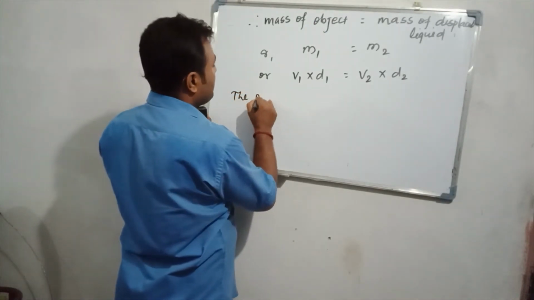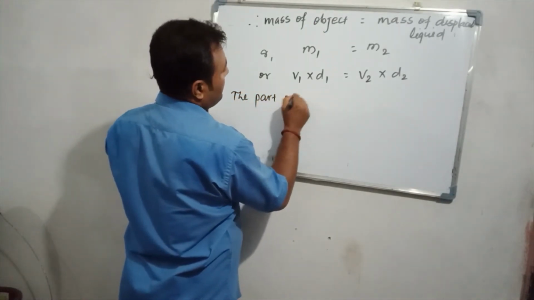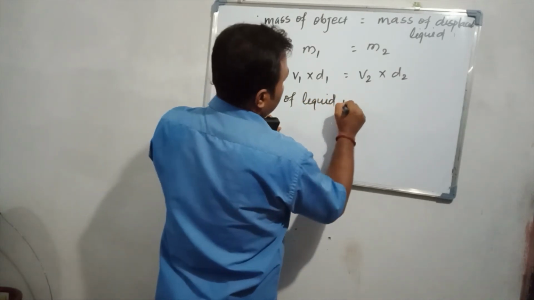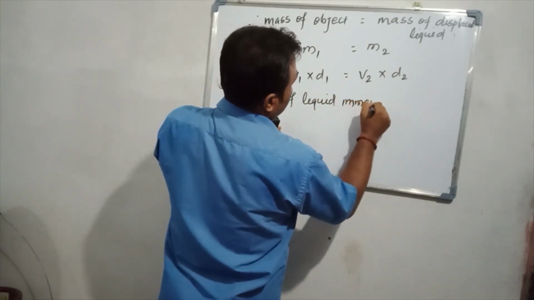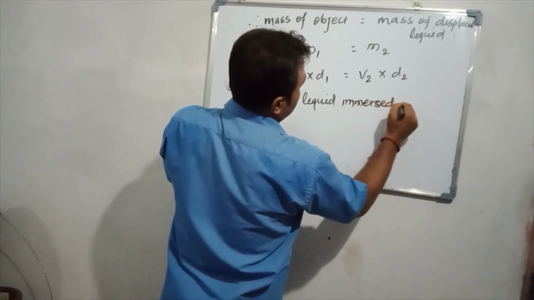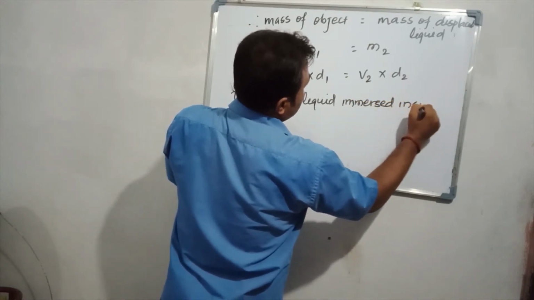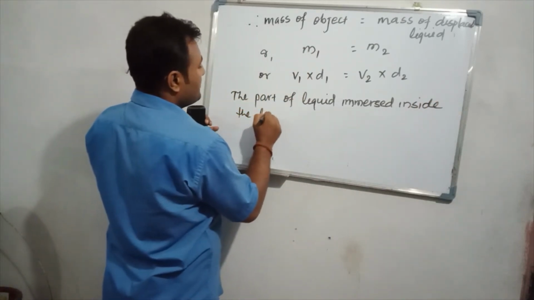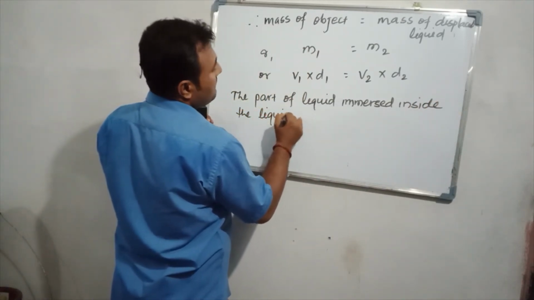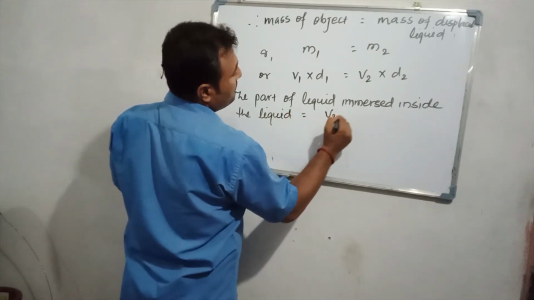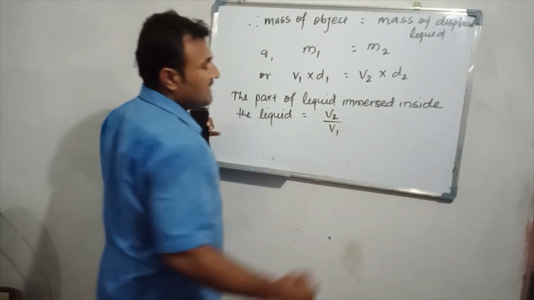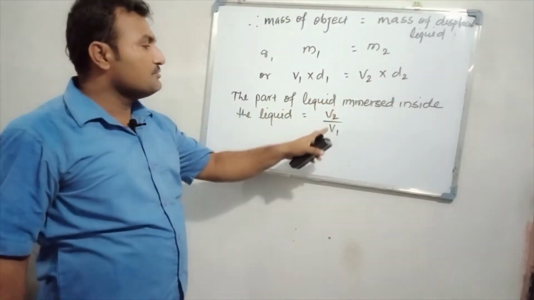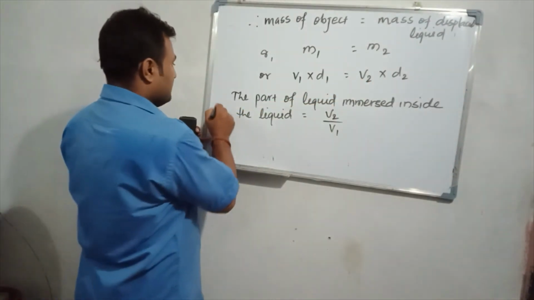The part of the object immersed inside the liquid can be calculated by V2 by V1, that is, volume of displaced liquid to the volume of the object.